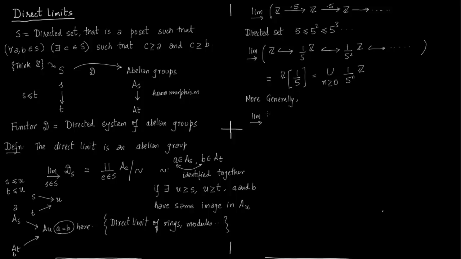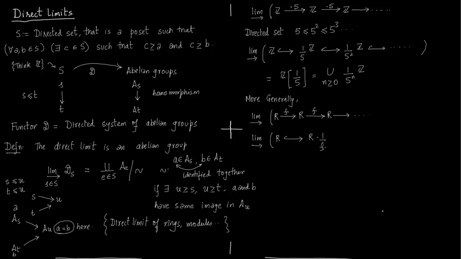So more generally, if you have multiplication by F, you get R appended with 1/F. So what you get is, you have the directed set F, F square, F cube, and so on. So R is embedded into R[1/F].